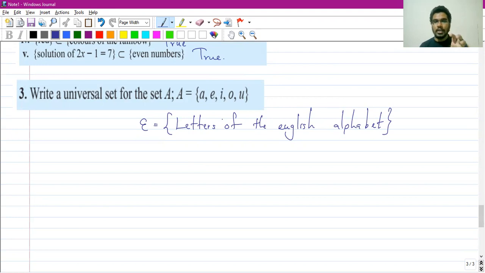So here A, E, I, O, U are the vowels. I have taken all the letters of the English alphabet, A, B, C, D, E, F, G, H, I, J, K, up to Z. I have taken all the letters into this universal set. So I can name this universal set as the letters of the English alphabet. I think you can understand it.